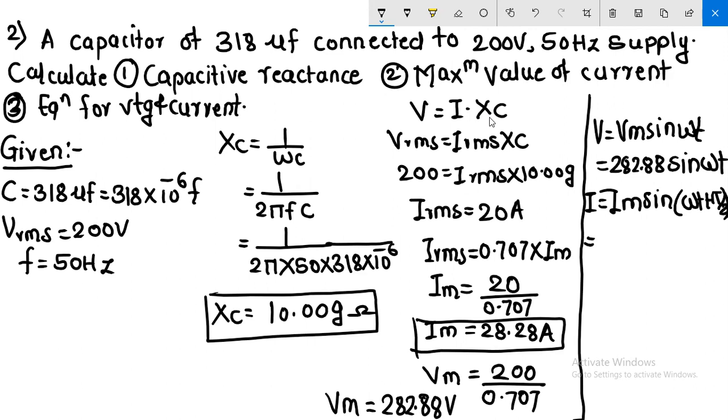So what is the maximum value of current we have calculated? 28.28 sin of omega t plus pi by 2. कळते सगळ्यांना? This is the equation of voltage and this is the equation of current. Got it everyone? Yes, sir.